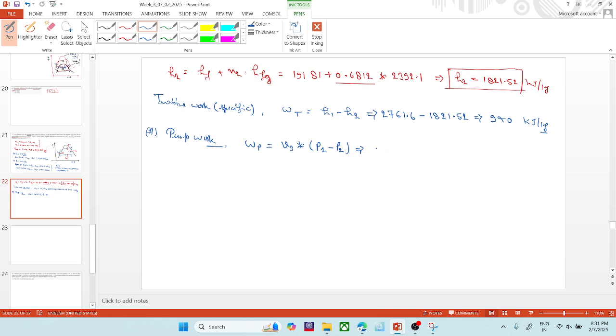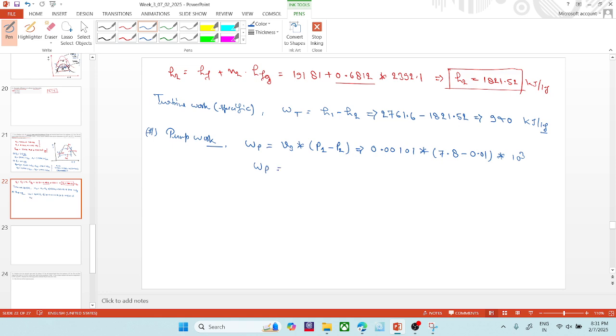Specific volume at point 3, I have the value of 0.00101, into pressure at point 1, 7.8, minus pressure at point 2, 0.01 megapascal. To convert into kilopascal, I will multiply it by 10 to the power 3.